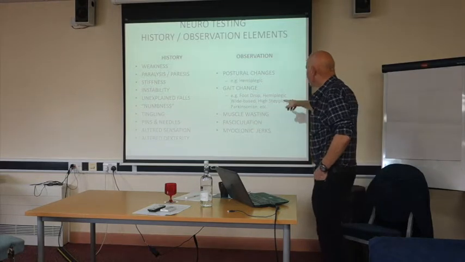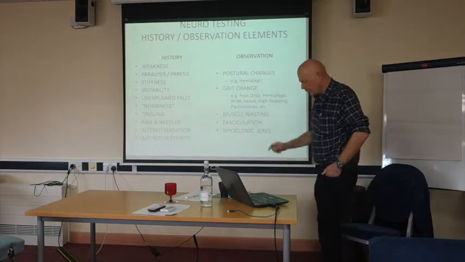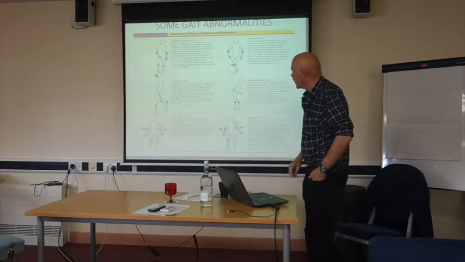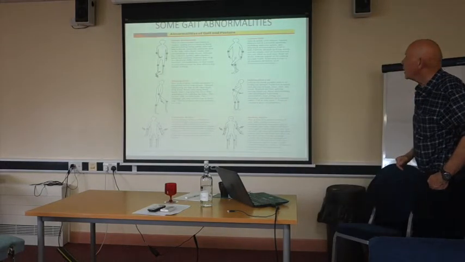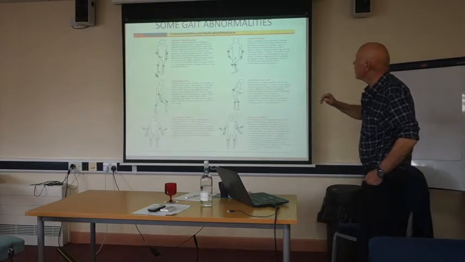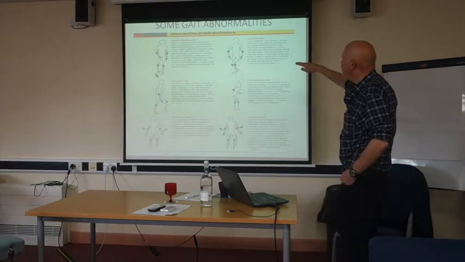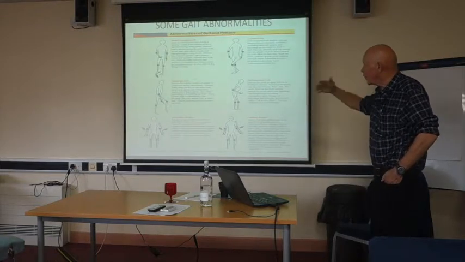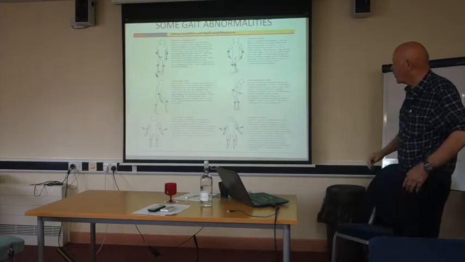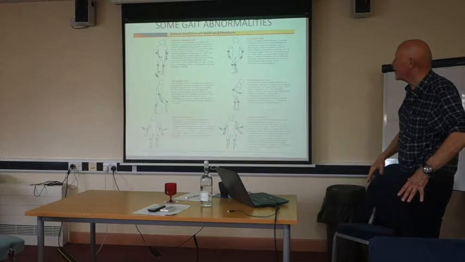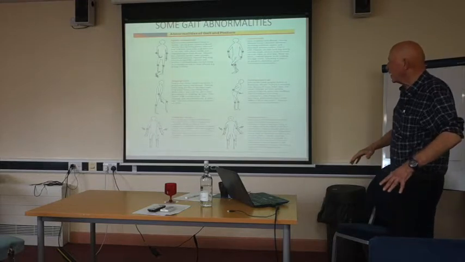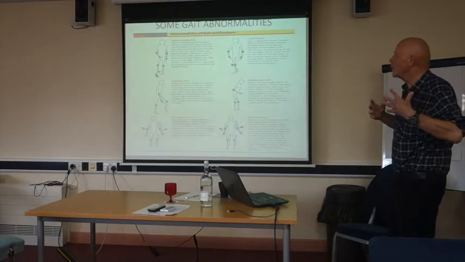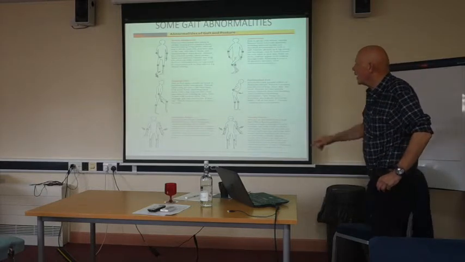There's various other gait things, which I've got a slide of that I'll show you in a second. In fact, it's there. If you've got a cerebellar problem, you might have a fairly wide stance, trying to hold your balance because you can't coordinate very well.